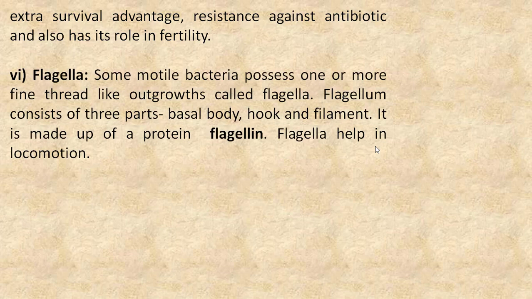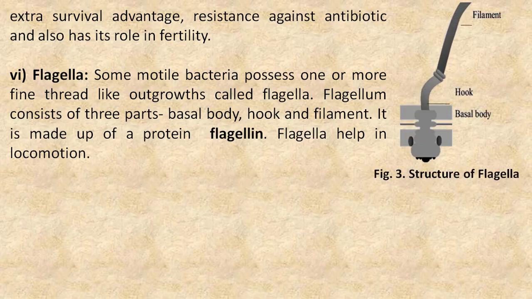Flagella. Some motile bacteria possess one or more fine thread-like outgrowths called flagella. The flagellum consists of three parts: basal body, hook and the filament. It is made up of protein flagellin. Flagella help in locomotion.